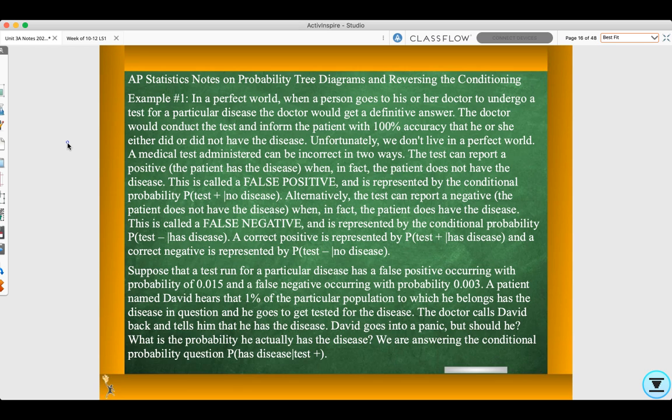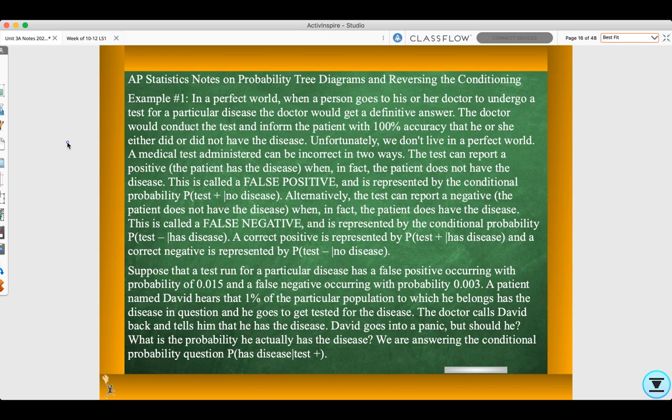This is called a false negative, and this is represented by the conditional probability, the probability that the test is negative given that they have the disease. A correct positive is represented by the probability the test is positive given they have the disease. And a correct negative is represented by the probability the test is negative given that they do not have the disease.